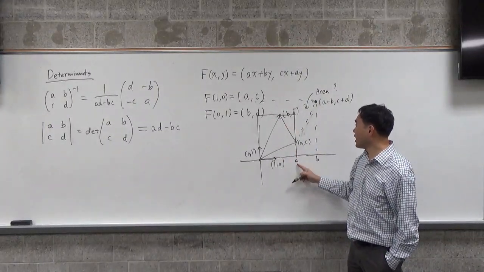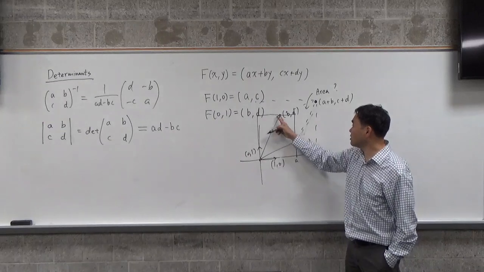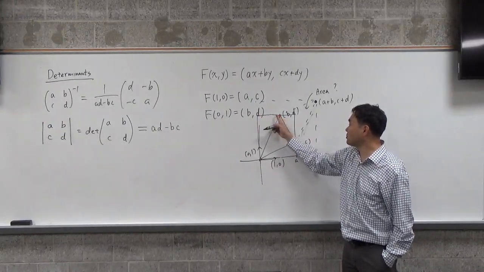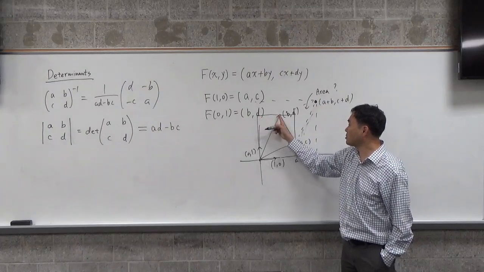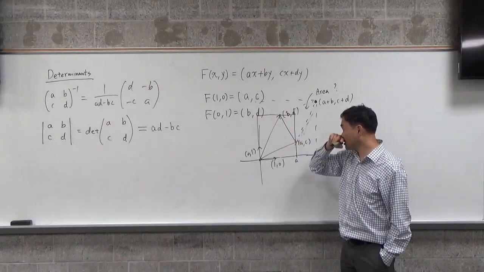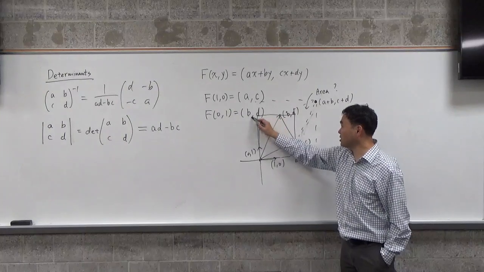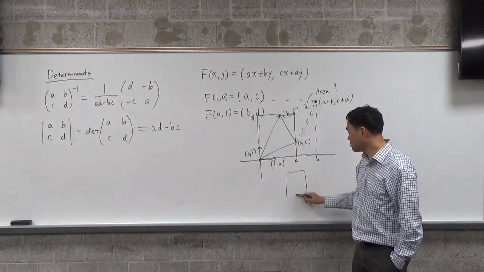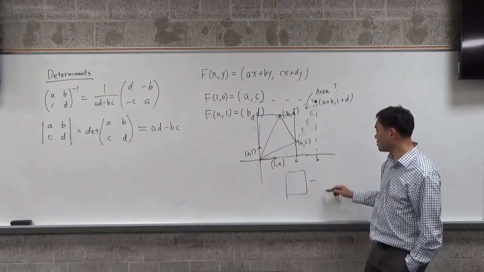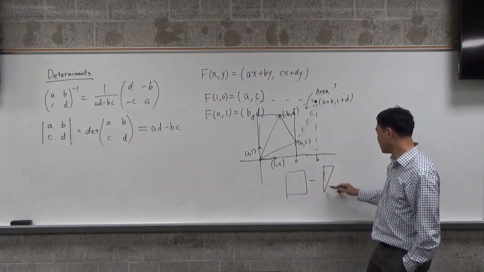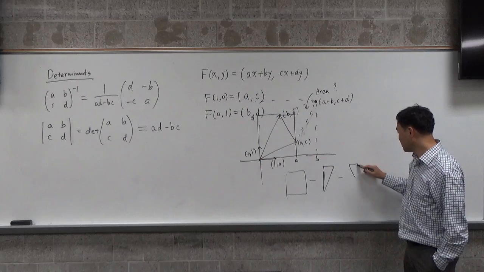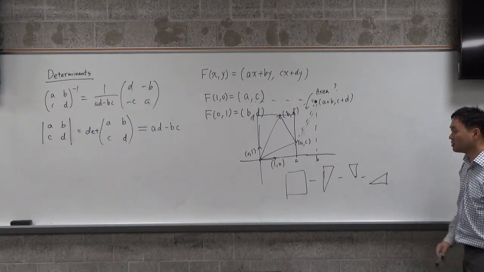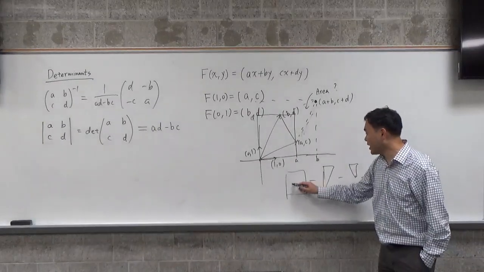So this is A, and this point is the y-coordinate of this point, so it's D. So we want to do this minus this minus this minus this, and then this big one will be AD.